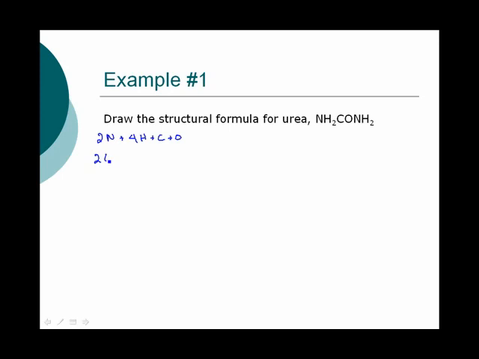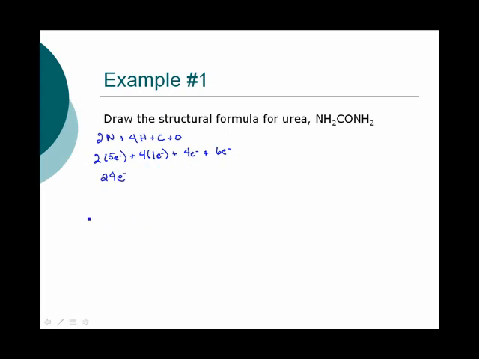So for our electron count, we're going to have 2 times 5 plus 4 times 1 electron plus 4 electrons plus 6 electrons. And so we're going to have 10, 14, 24 valence electrons.